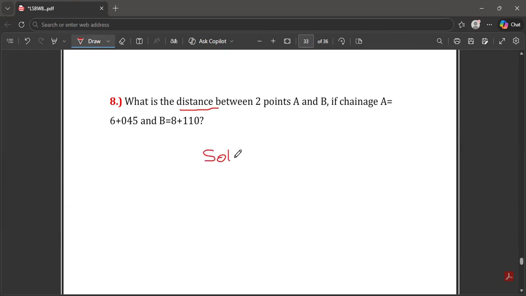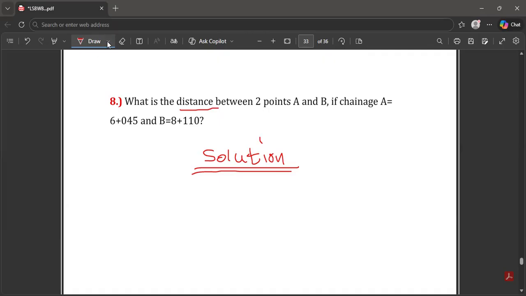So this is our solution. Our solution is as simple as that.